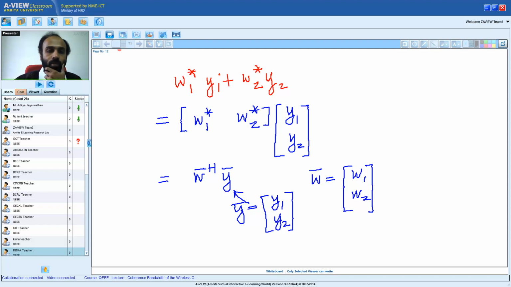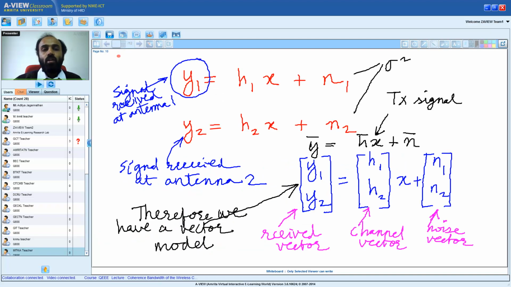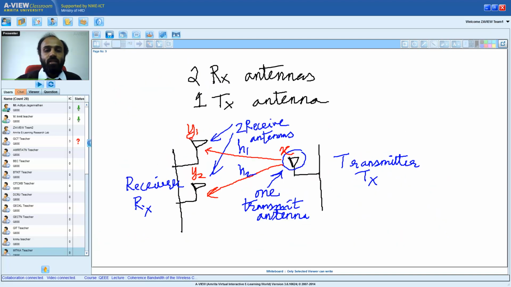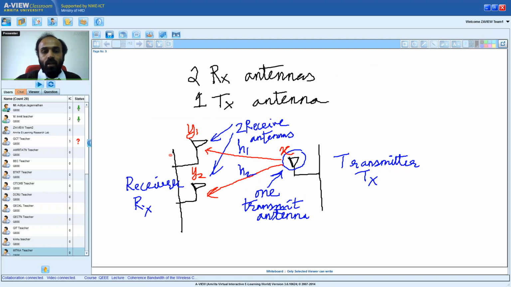To do a brief recap: we have a multiple antenna system, with two receive antennas, two receive signals y1 and y2, and one transmit signal x.